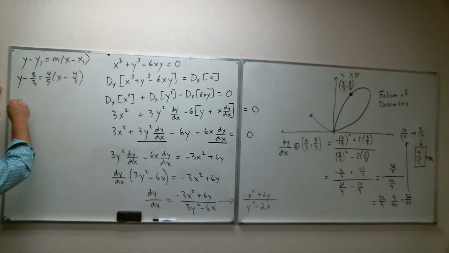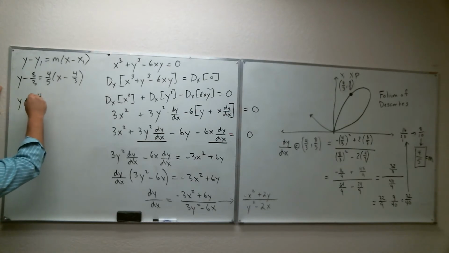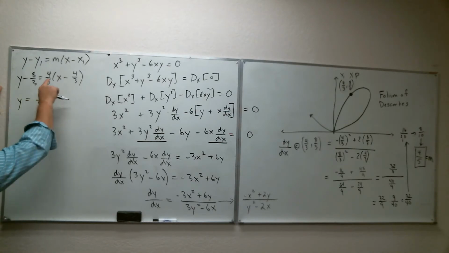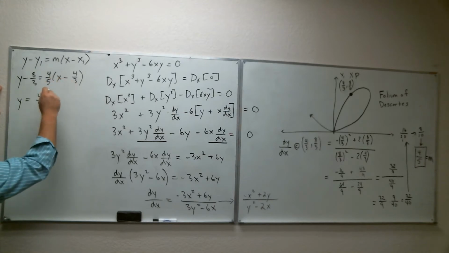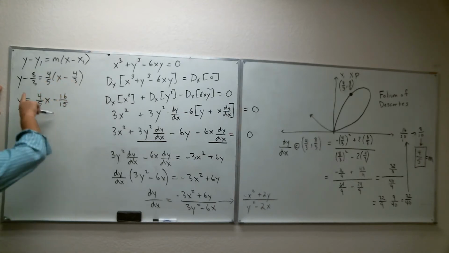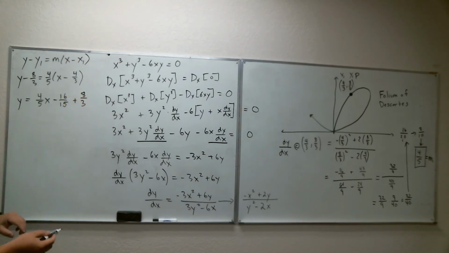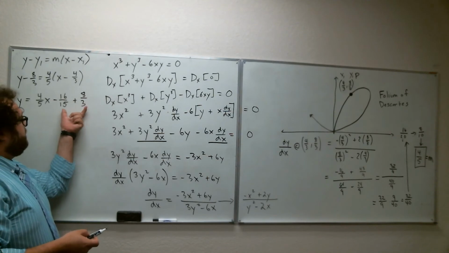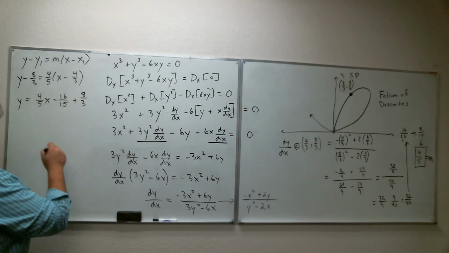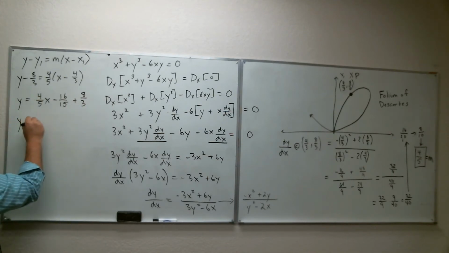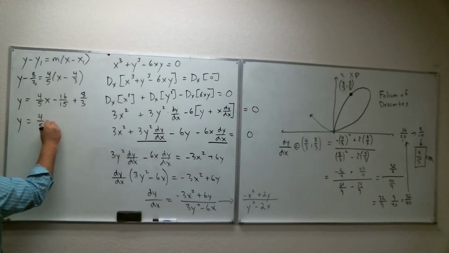So we can say y equals 4 over 5x, distributing here, minus 16 over 15, and then adding 8/3 to both sides. So all we have to do really is combine those fractions and we're done. So we could say y equals 4 over 5x.